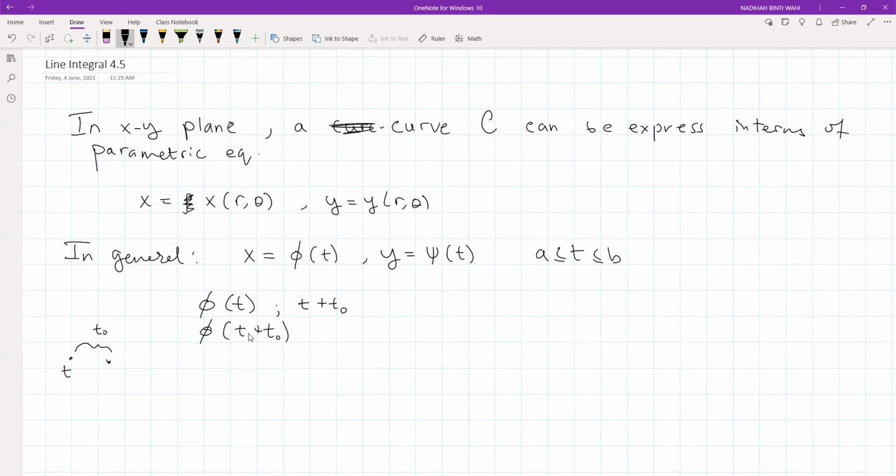Let's say phi of t is equal to phi of t plus t naught.